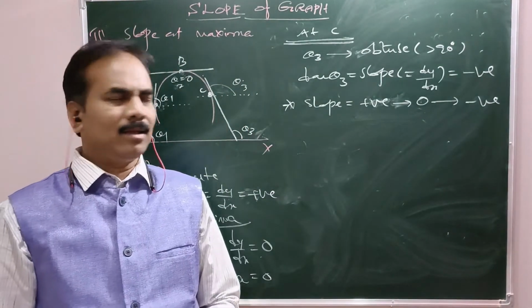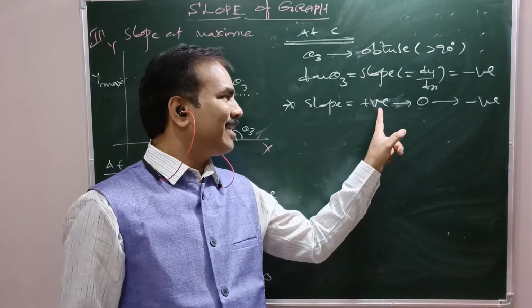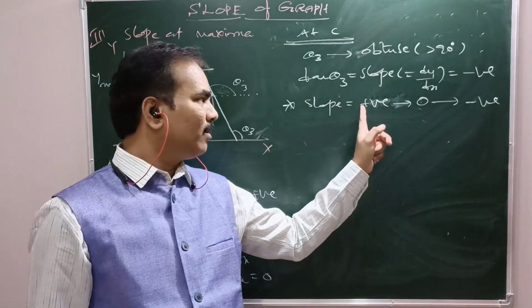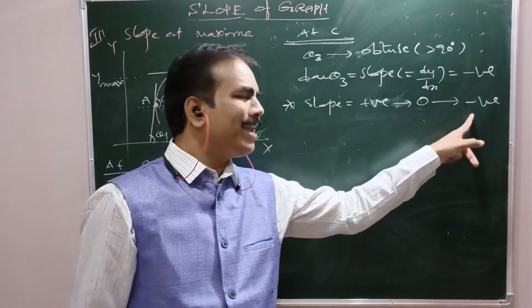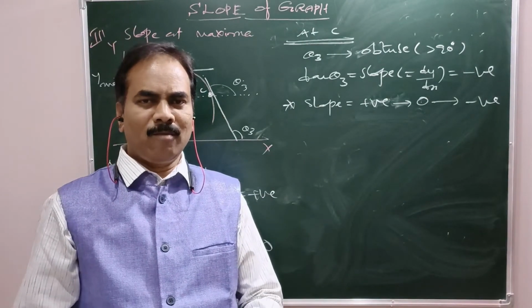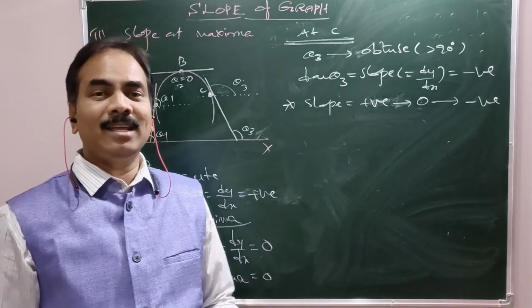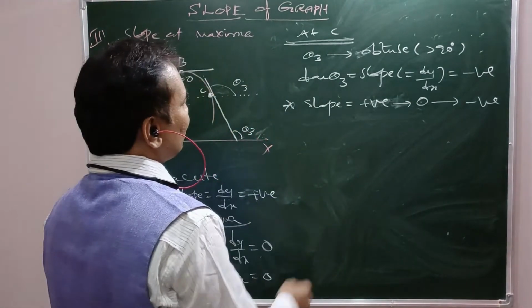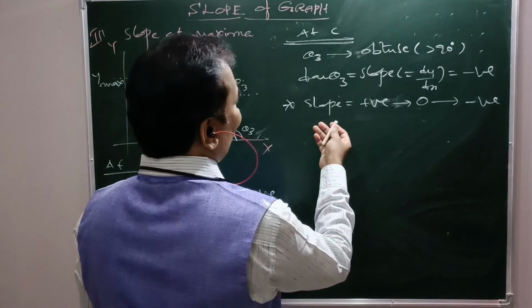Does it decrease or increase? Decreases. See here, it goes from positive to 0, 0 to negative. Means plus 2, plus 1, 0, minus 1, minus 2 like that. Means the quantity is decreasing.